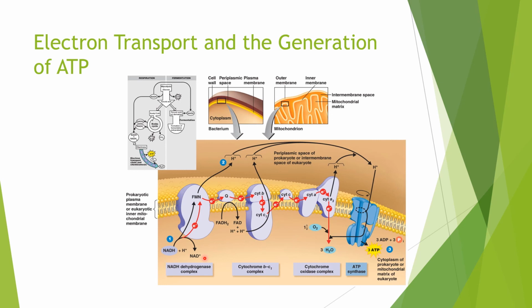And one more time, they are going to accept more electrons. And then eventually, those electrons are going to be released during the electron transport chain. And that's why we call it electron, because all of the electrons eventually are going to be released here.